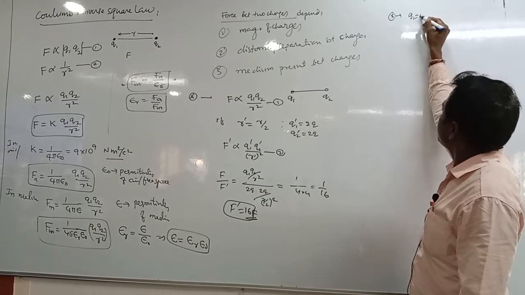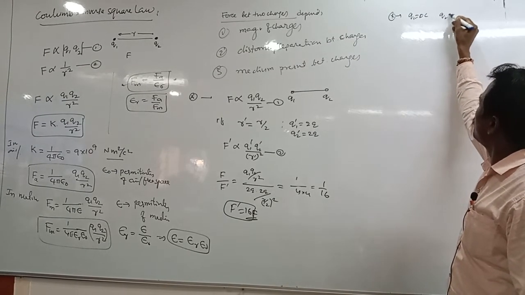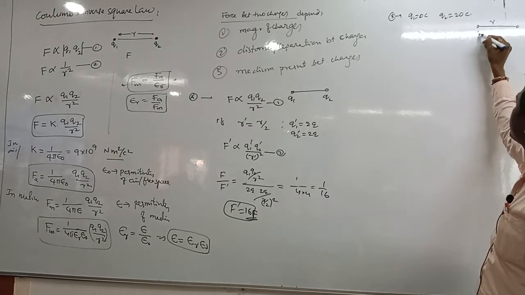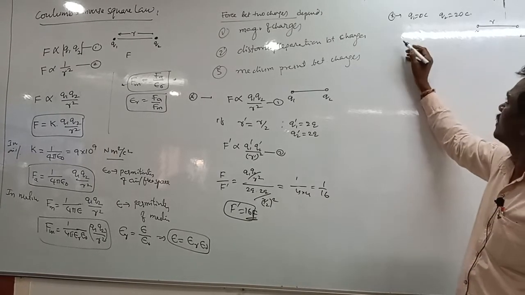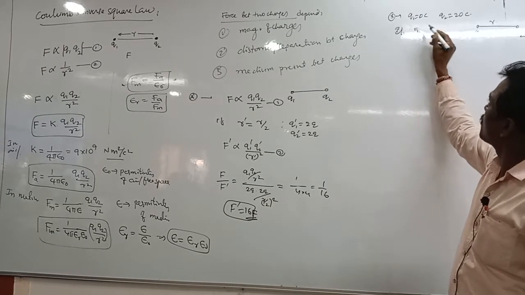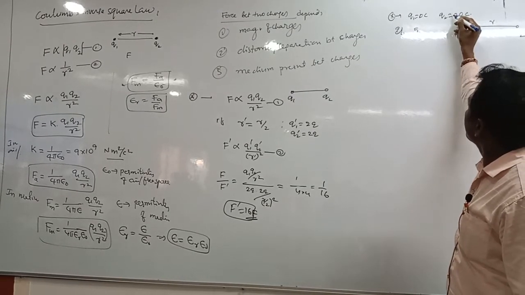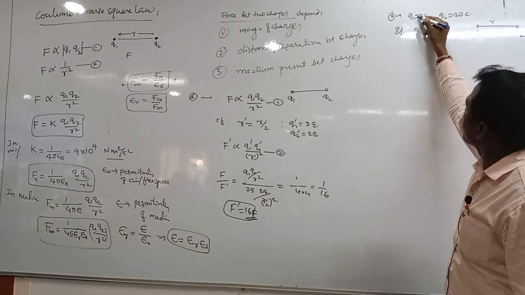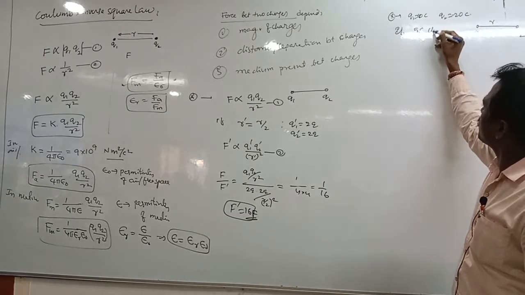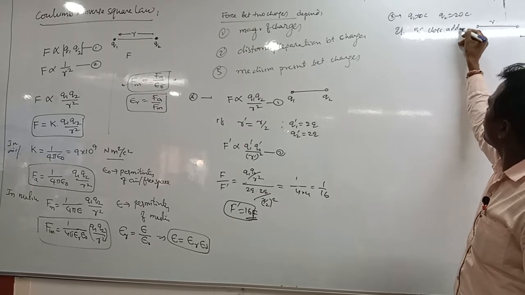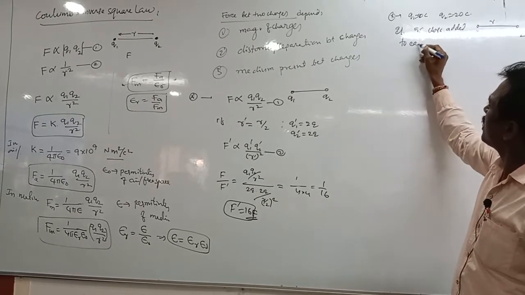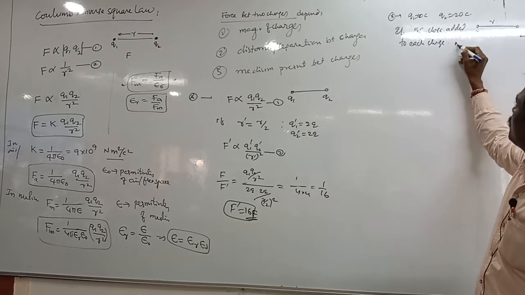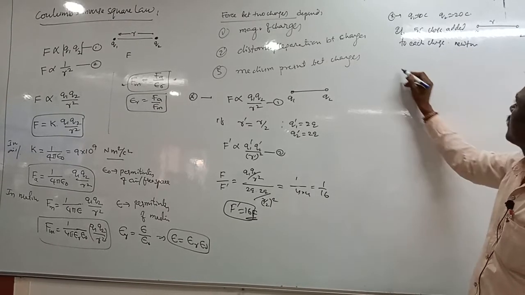Suppose q1 charge is 10 coulombs given, q2 is 20 coulombs given, separated by r distance, isn't it? If 5 coulombs of charge is added to each charge, then what is the new force F dash?